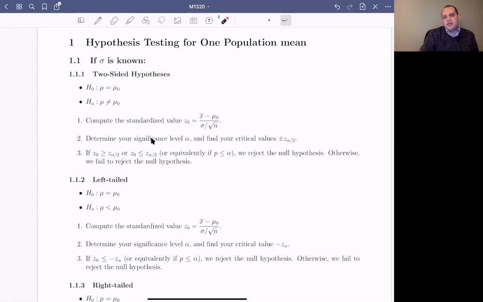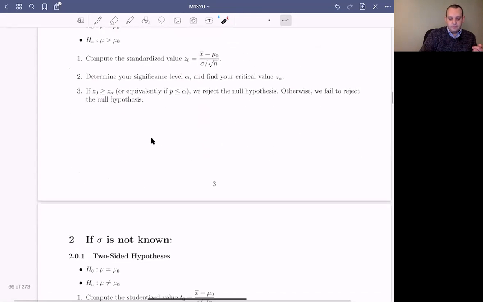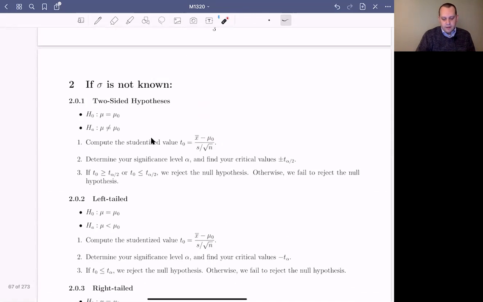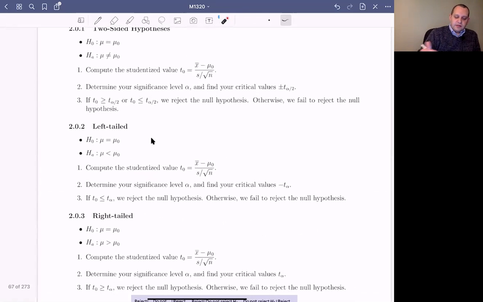If the population standard deviation is not known, then everything's going to be the same, except you're going to change all the sigmas to s's. You're going to change all the z's to t's. But other than that, everything will be the same. Okay, so that's really going to be the only difference. So you compute what's called the studentized value, because this is the student's t-distribution.